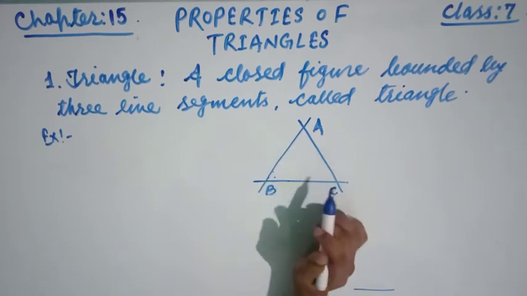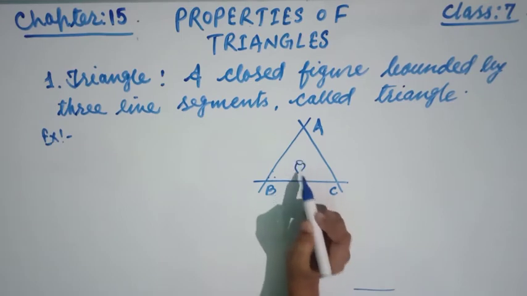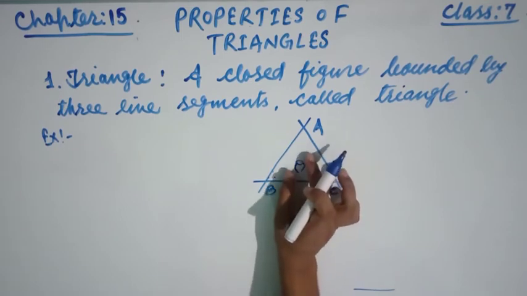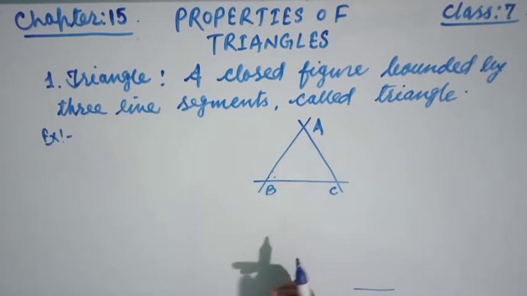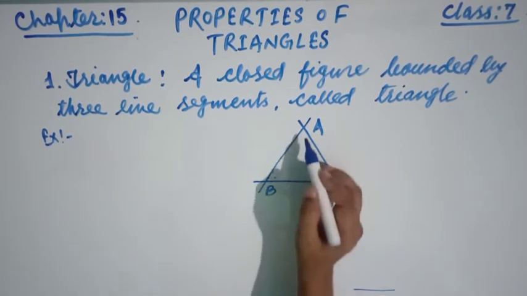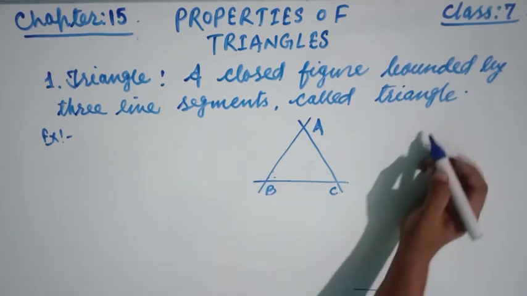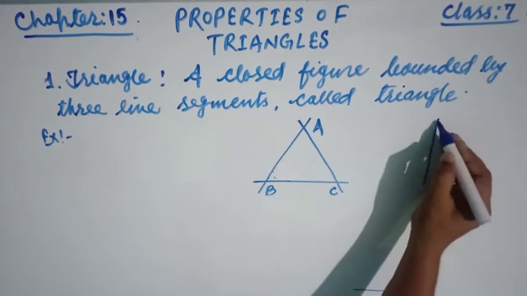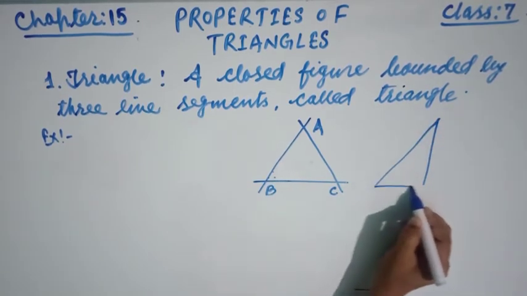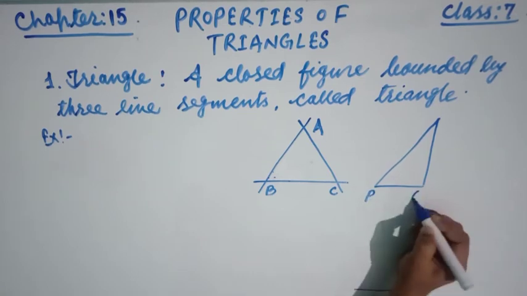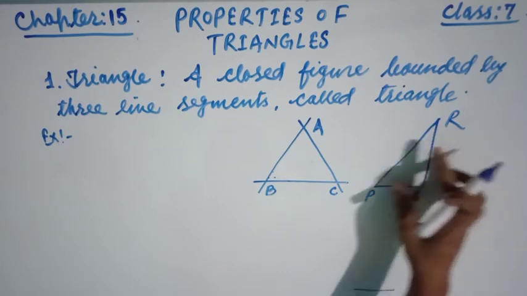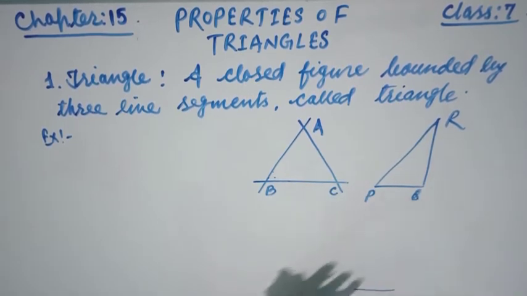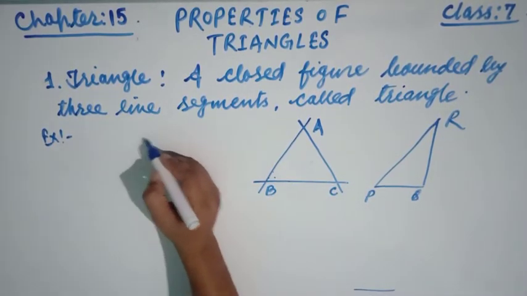There is no gap. If one person is in this figure, then they cannot get out. That means this is a closed figure. So this is a triangle. Also, this is a triangle. Suppose P, Q, R, one line segment, two line segment, three line segment. This is also a closed figure. This is also a triangle.